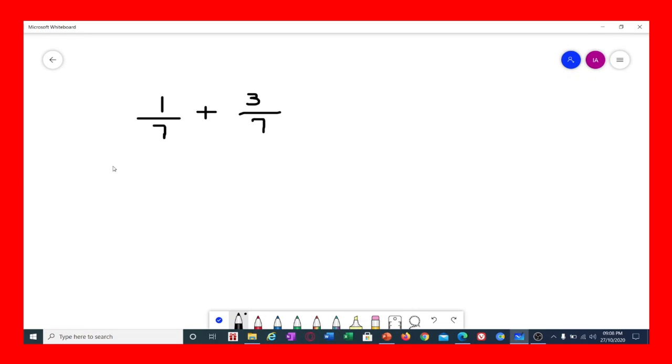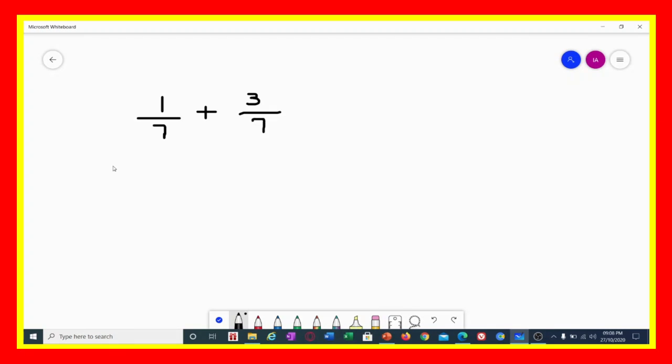Let's take another example. Here we have 1 divided by 7 and we want to add it to another fraction, which is 3 divided by 7. Now you can see immediately the denominators, the bottom number, is the same, common. So we take 7 once, and because we want to add them, we will add the numerators, 1 add 3.